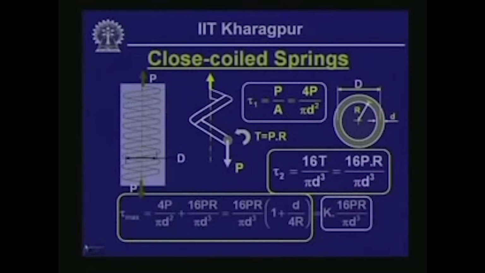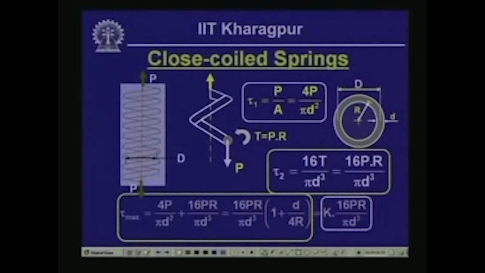Now, let us look into how we calculate the stresses in such closed coil springs. Suppose a closed coil spring is subjected to a load P as indicated over here. The ends of these closed coil springs are provided with some forms, so that they can be connected to supports or loads can be applied at these particular ends.